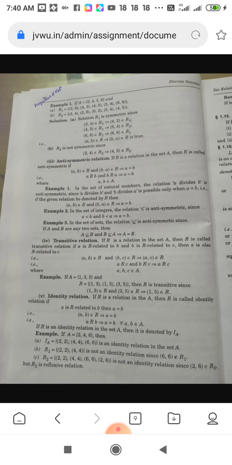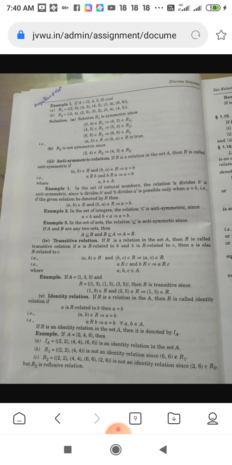Next thing is the transitive property. If R is a relation in a set, then R is called a transitive relation if A is R related to B and B is R related to C, then A is R related to C. For example, if A is a divisor of B and B is a divisor of C, then A is a divisor of C. A is parallel to B, B is parallel to C, then A is parallel to C. This is transitivity.